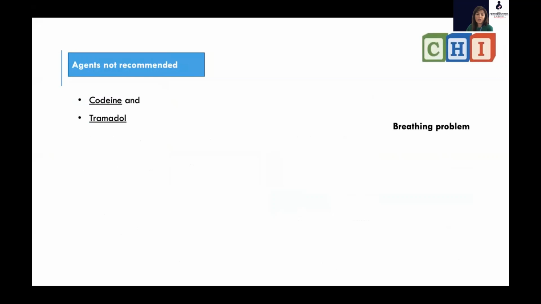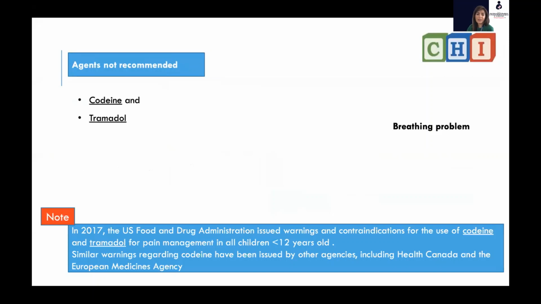Agents which are not recommended are codeine and tramadol. That doesn't mean that we don't use them, but in 2017, the US Food and Drug Administration issued warnings and contraindications for their use in children under 12 years of age. Other agencies like Health Canada and the European Medicines Agency follow the same recommendations.